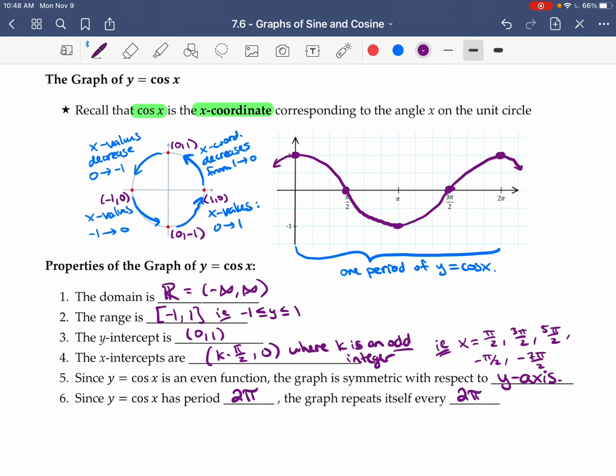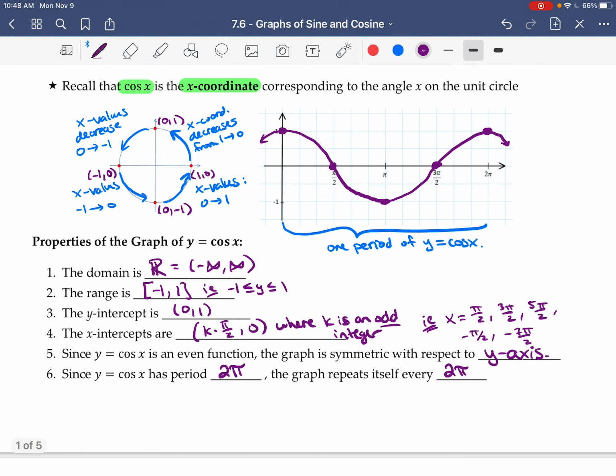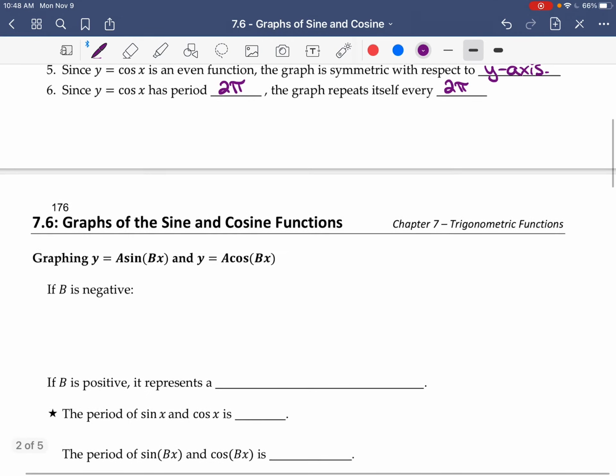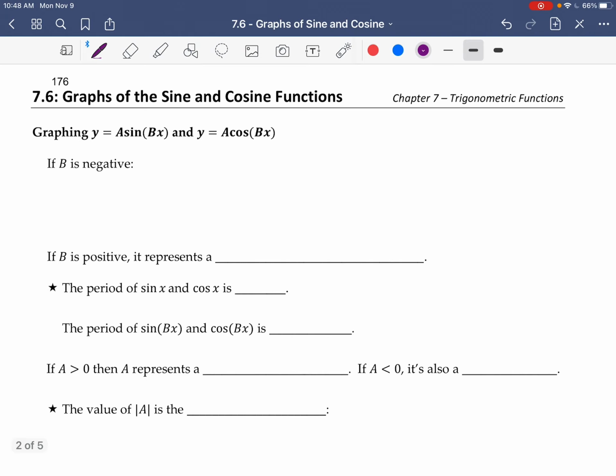Okay, now we can graph transformations of these graphs as well, which gets a bit complicated, but the transformations work the same way, except there's one extra thing that we have to worry about, and that's the period. So if we wanted to graph something of the form a sine of bx or a cos of bx, if b is negative, we can use the even or odd property to get rid of it.